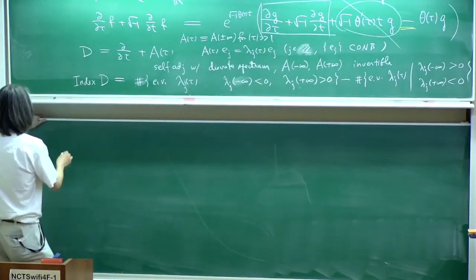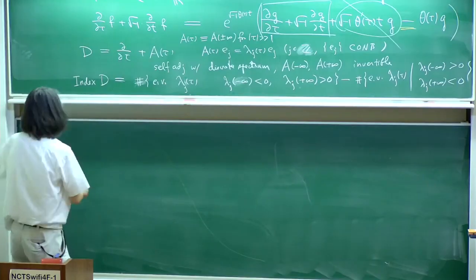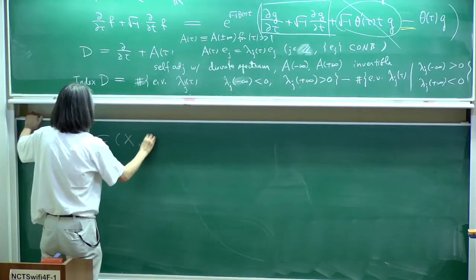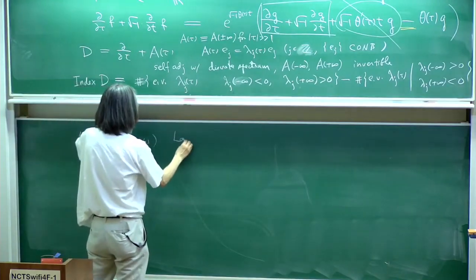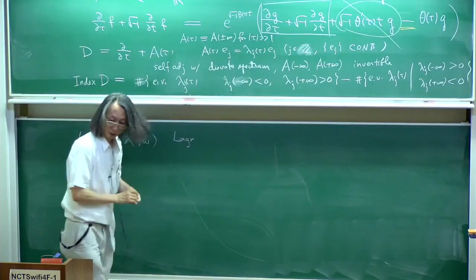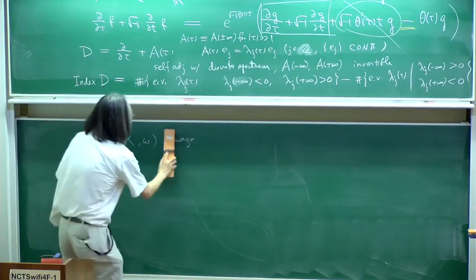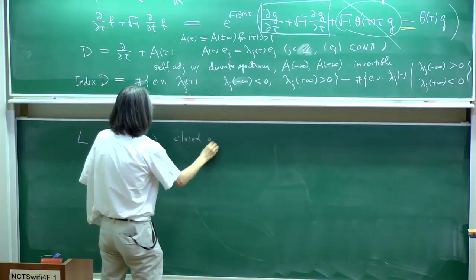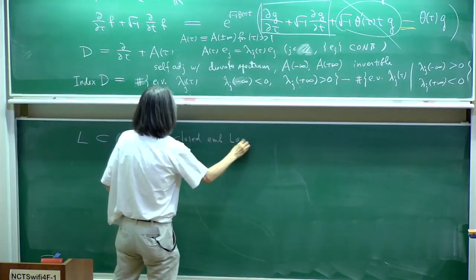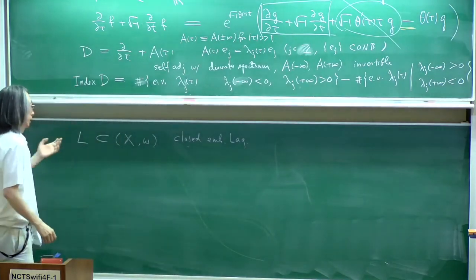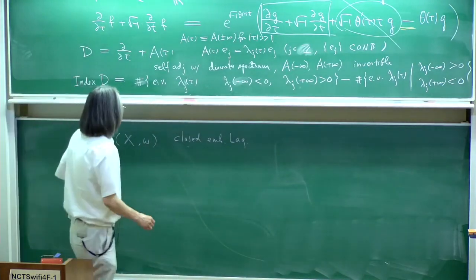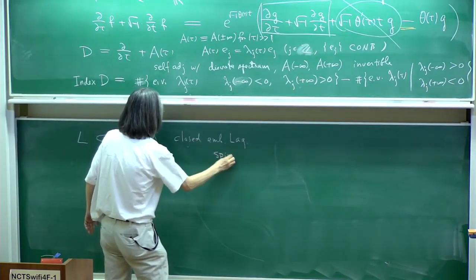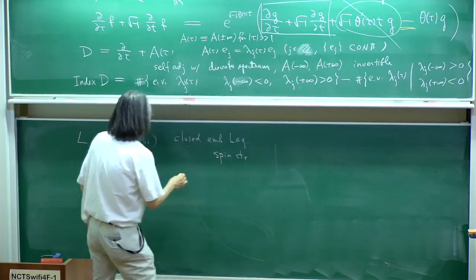And so first I want to discuss certain obstruction classes. Okay, so let L be a Lagrangian submanifold, maybe a closed embedded Lagrangian submanifold. And in fact, in the general situation, I assume that this has a spin structure.